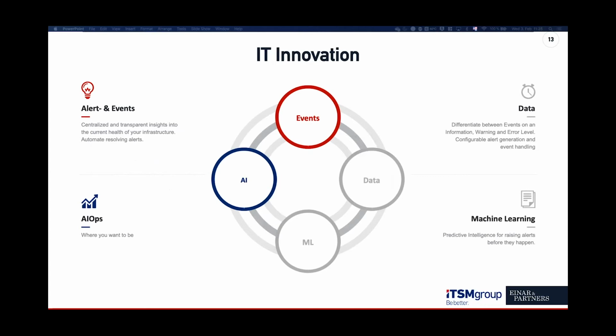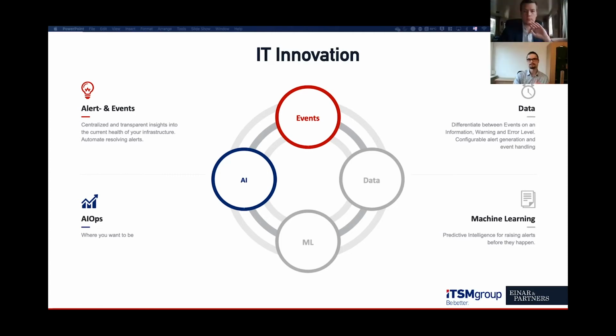So if something is on fire, we try to extinguish it and be proactive, right? We had the same move in quality management 20 years ago, and now it's time to finally apply that to IT operations. And event management is one of the ways to get there, because now we have information.